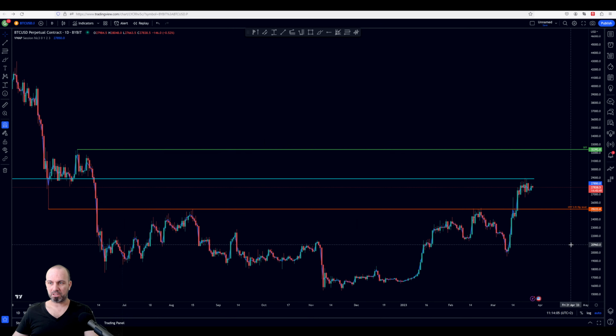That would be around 32,392. So that was our range before this drop. So if the price manages to get acceptance in here, claim the value area low, then we need to take into consideration this range, and the top of this range is actually this one.